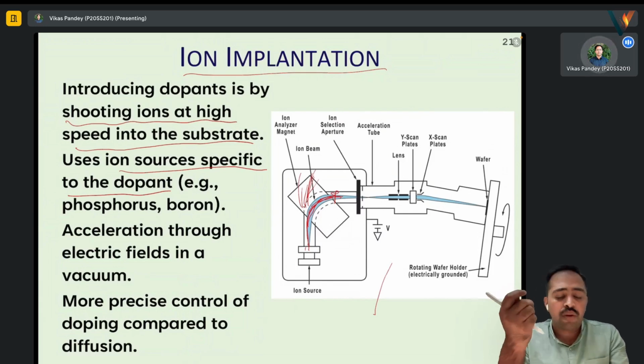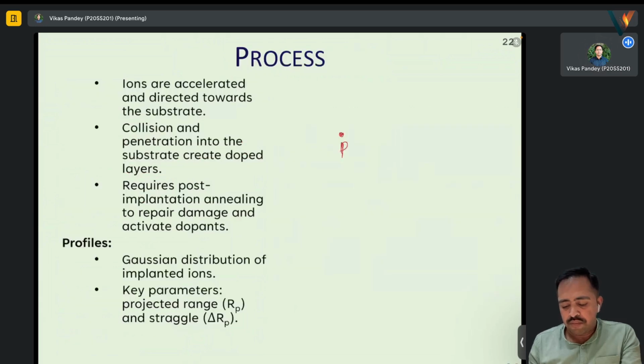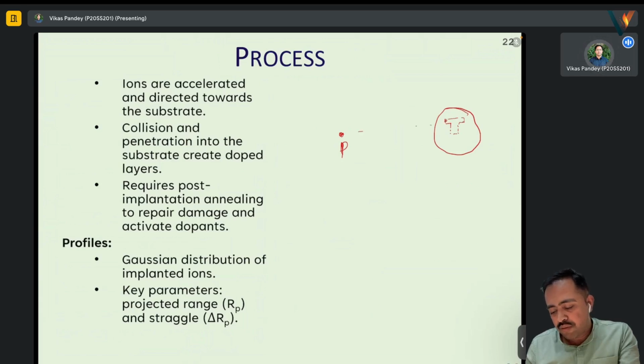The process occurs like this: the ions that we have, say phosphorus, are directed precisely. This is the wafer and we want to create a doping profile, say like this, so the ions will be directed towards here, and not anywhere else.